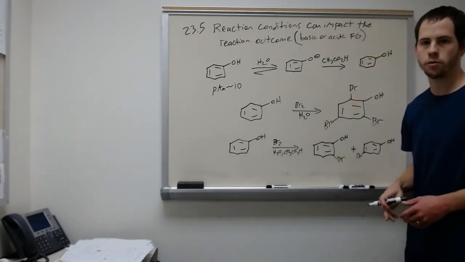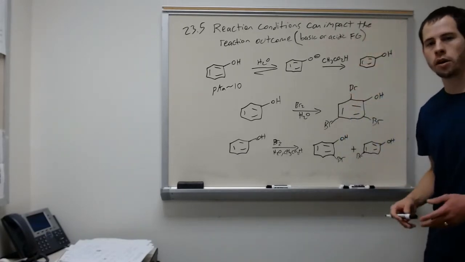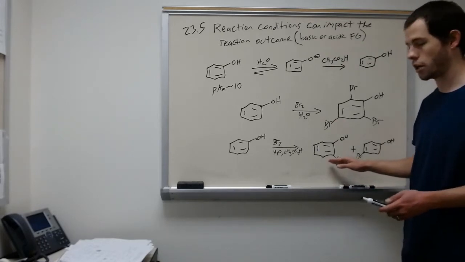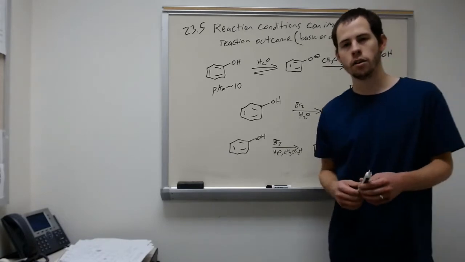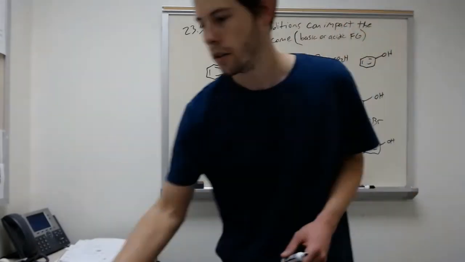And so these would be our two products. And so if we have an ortho para director, we get some addition to the ortho position and some to the para. So now let's talk about aniline, which is slightly basic.